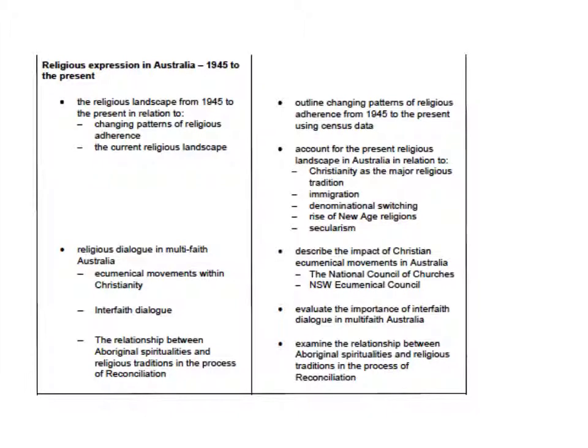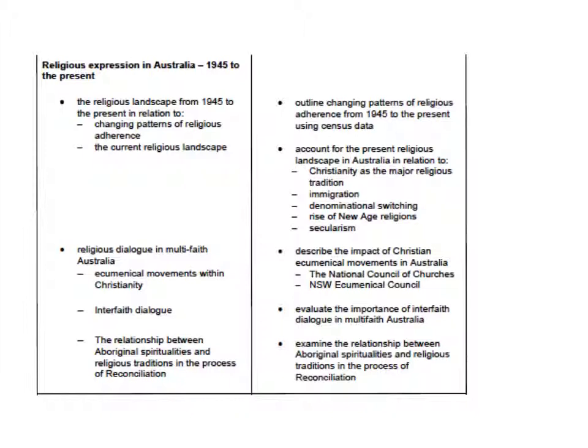The next part, we looked briefly at the idea of different religious traditions within Christianity. We looked at Anglicanism, Protestantism. We looked at the emergence of different religious traditions just very quickly.